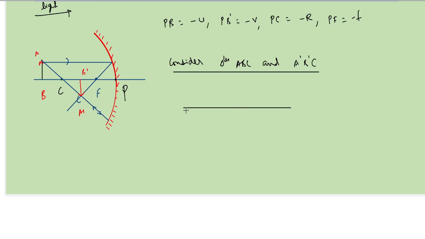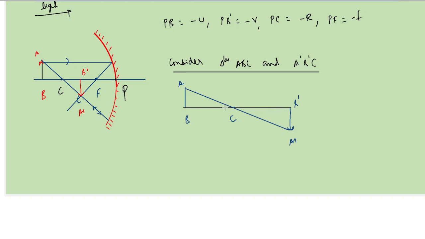There's a point here, and then something like this, and here we get the image like this. It's drawn very differently here, but get the idea that this is point A, this is point B, this is point C, this is point A dash, this is point B dash. The distance is not comparable to the actual mirror, but do get the point here.